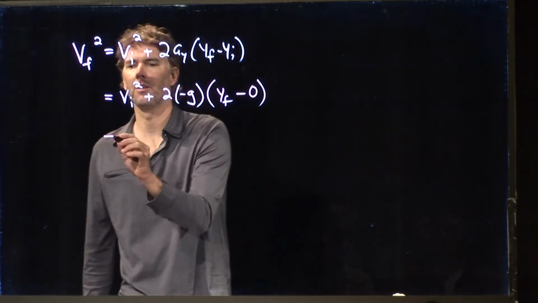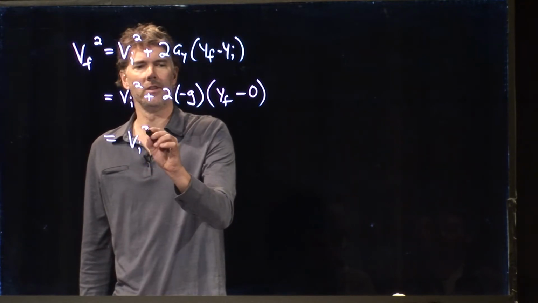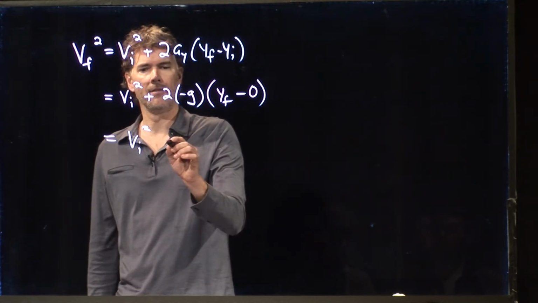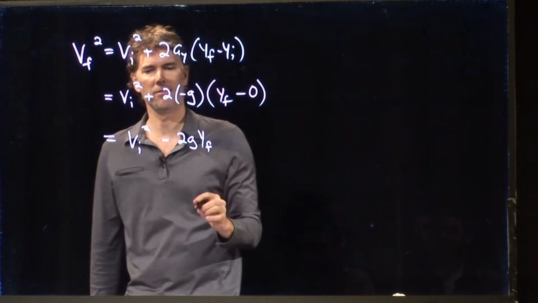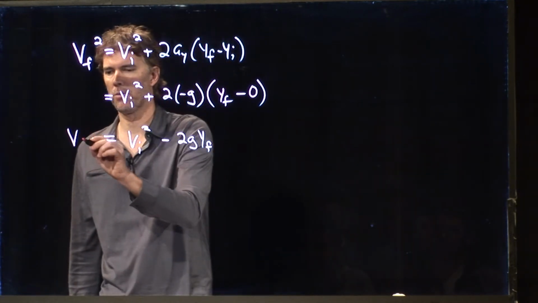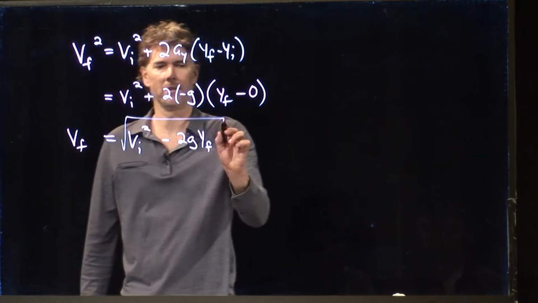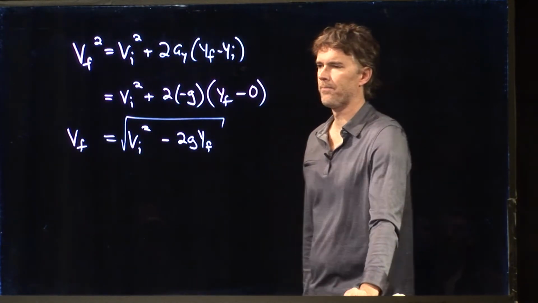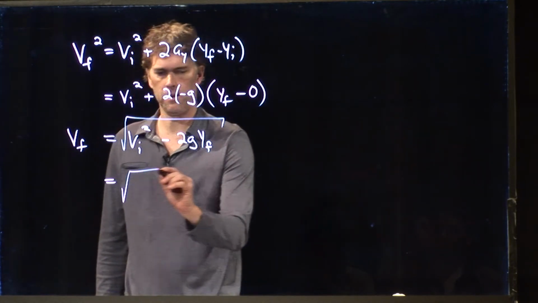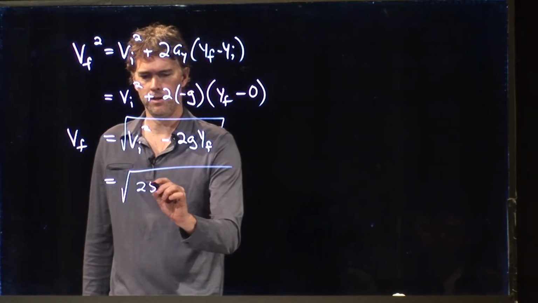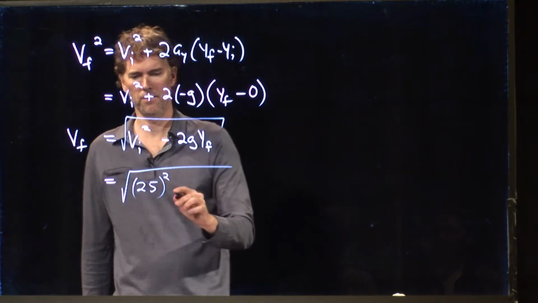Okay, and so this whole thing simplifies quite a bit. Vi squared, we have minus 2g y sub f. And then we're going to take the square root of that whole thing to calculate v sub f. All right, let's punch in some numbers and see what we get. We've got 25 squared.